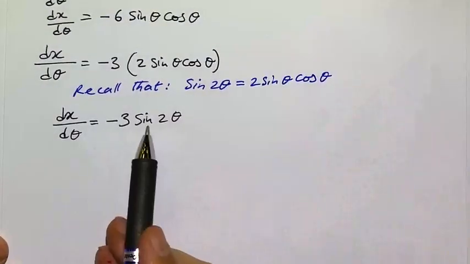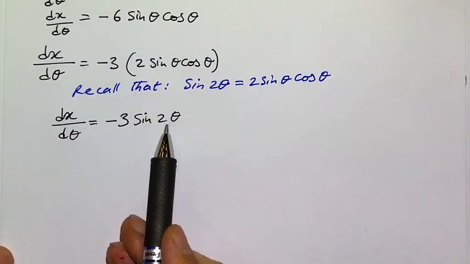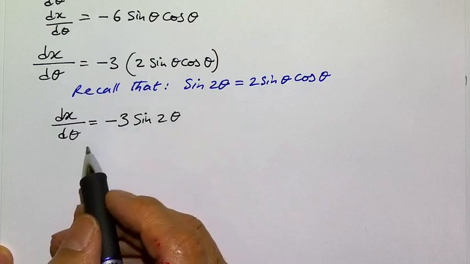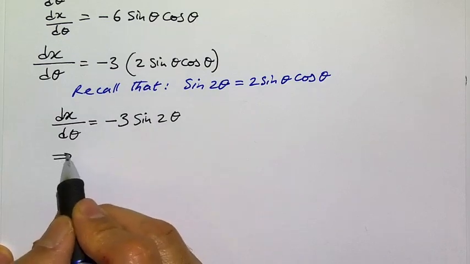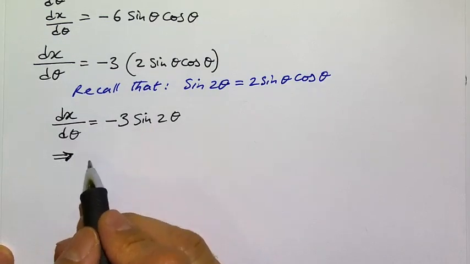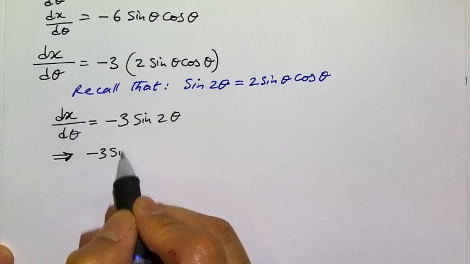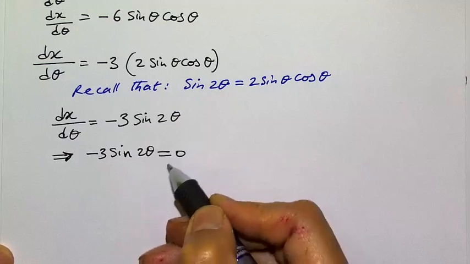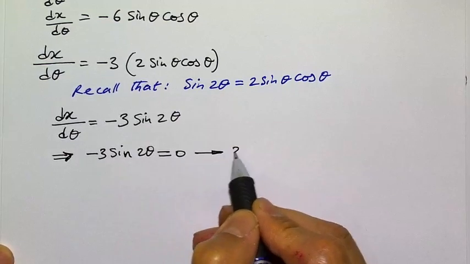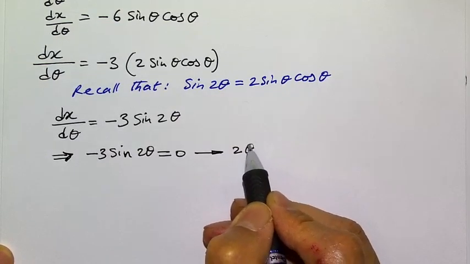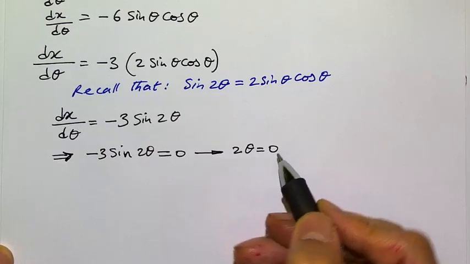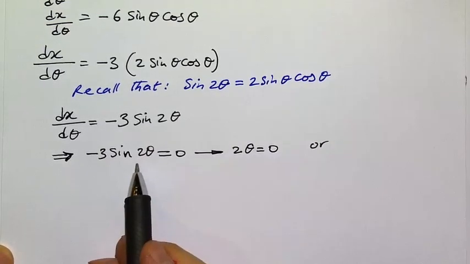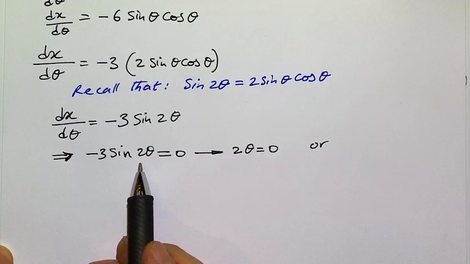We have that quantity. Let's set it equal to 0 and solve for theta. So we have minus 3 times sine 2 theta equals 0. That means 2 theta is equal to 0, or where else do we get sine of some angle equal to 0?